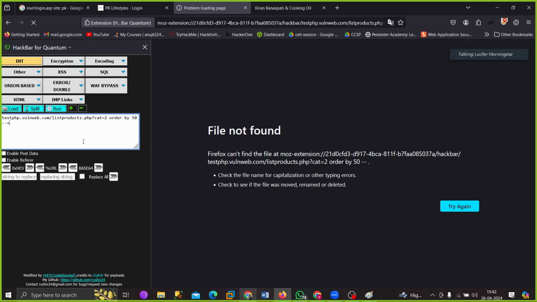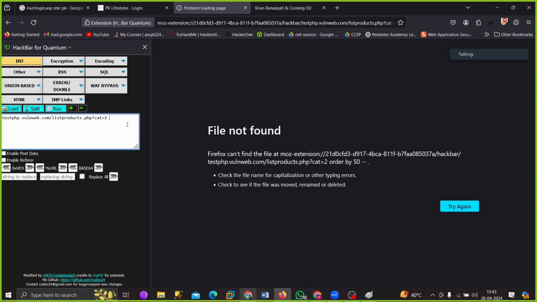Okay, one second. Why is it going blank? What's the meaning of this ORDER BY 50 -- +? I'm going to tell you. Before going ahead, let's do one thing.